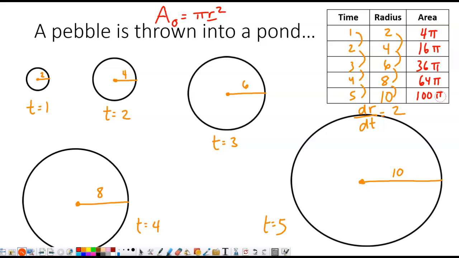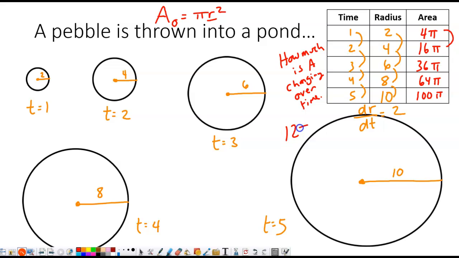Now I'm going to ask a new question. Say, how much is area changing over time? All right, so let's do the same thing we did before. From here to here, if you're going from 4 pi to 16 pi, then it increased by 12 pi.